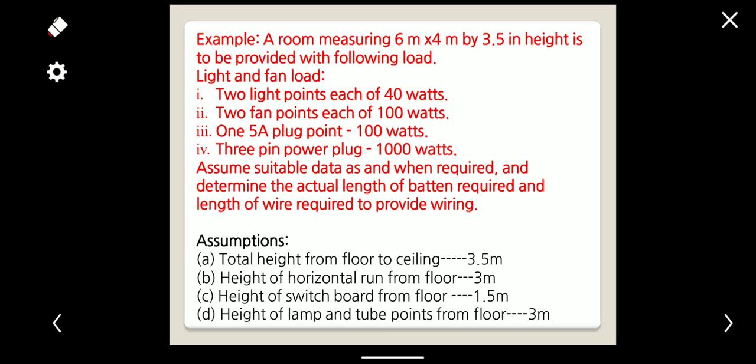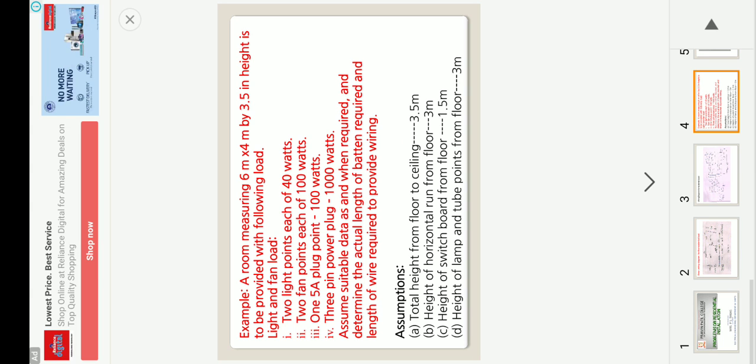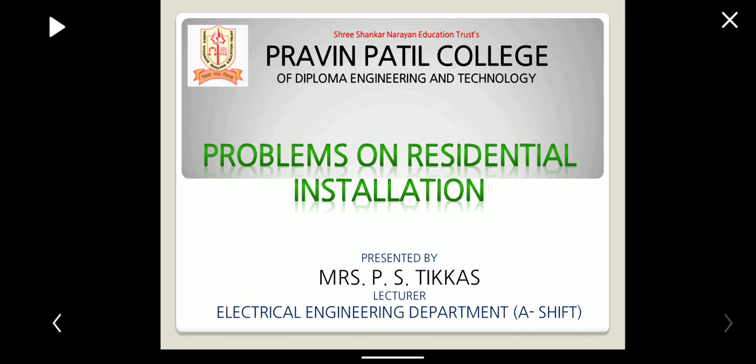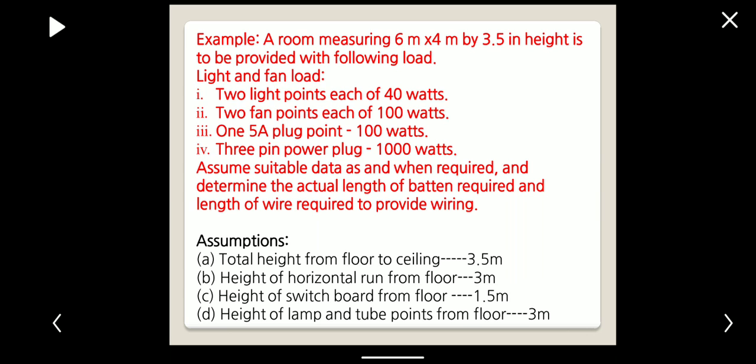Now assume suitable data as and when required, and determine the actual length of the batten required and the length of wire required to provide the wiring. So first, take the assumptions.